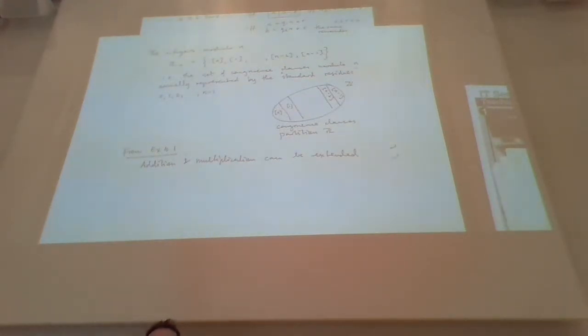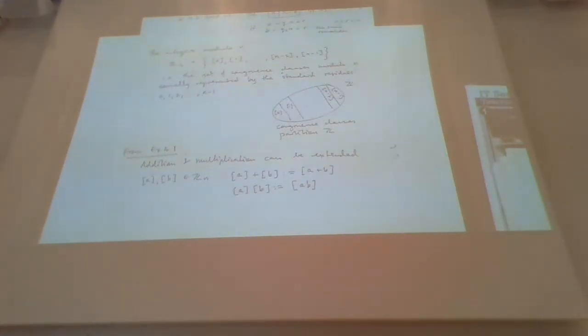There exist natural addition and multiplication operations on Zn, where if you take two congruence classes, the congruence class of A and the congruence class of B in Zn, then the congruence class of A plus the congruence class of B was defined to be the congruence class of A plus B, and the congruence class of A multiplied by the congruence class of B was defined to be the congruence class of A times B. So we make those definitions.